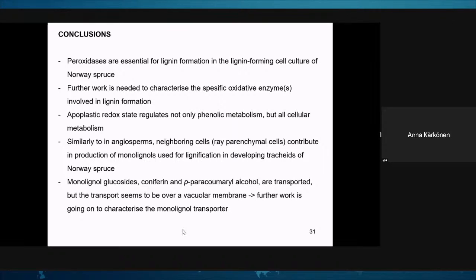Similarly to that in angiosperms, neighboring cells, here ray parenchymal cells, contribute in production of monolignols used for lignification in developing tracheids of Norway spruce. And monolignol glucosides, coniferin and paracumaryl alcohol glucoside, are transported. However, the transport seems to be over a vacuolar membrane. So further work is needed to characterize the monolignol transporter.